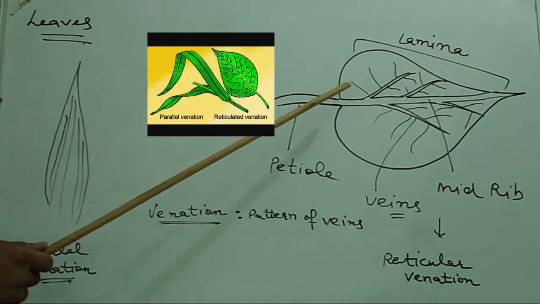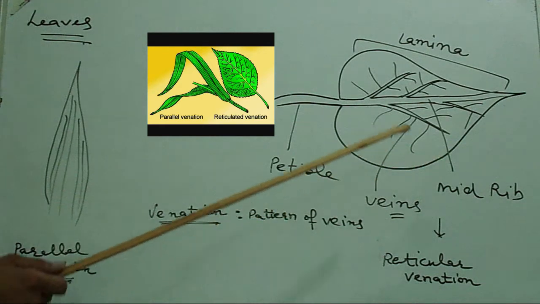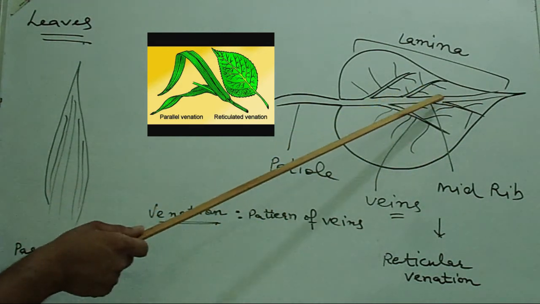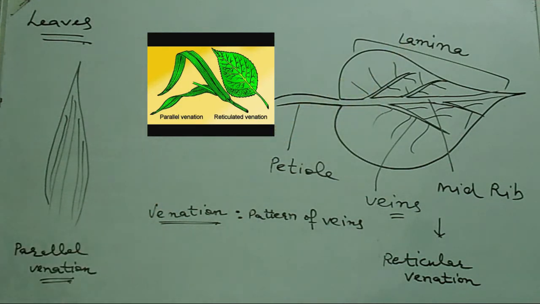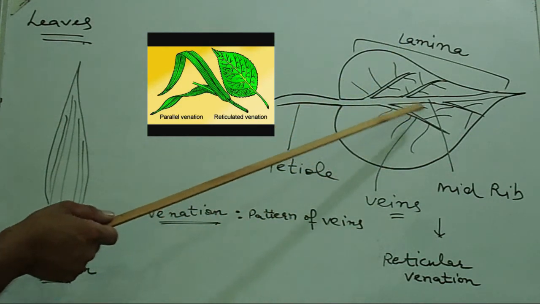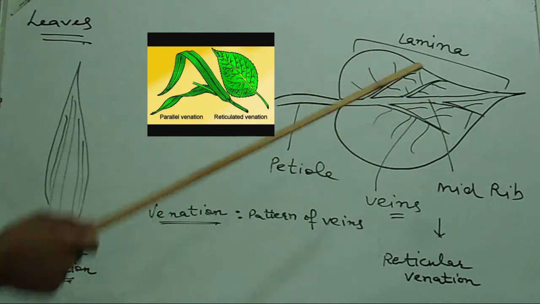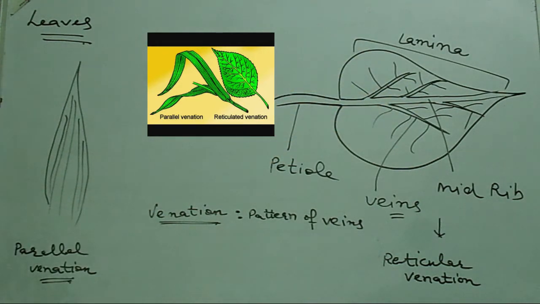And in this swollen part, along the midrib, there are so many veins, and the pattern of veins is very complex in this kind of leaf. So now we are going to know about the pattern of veins, but before that you just have to draw all the patterns of veins on paper.